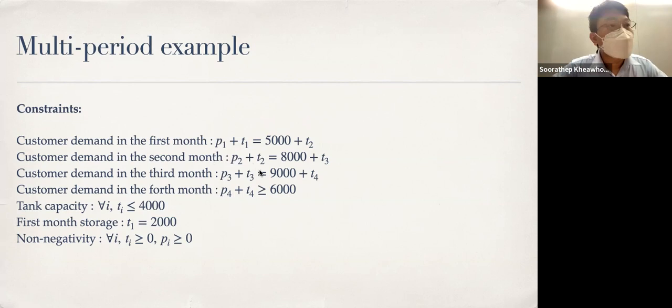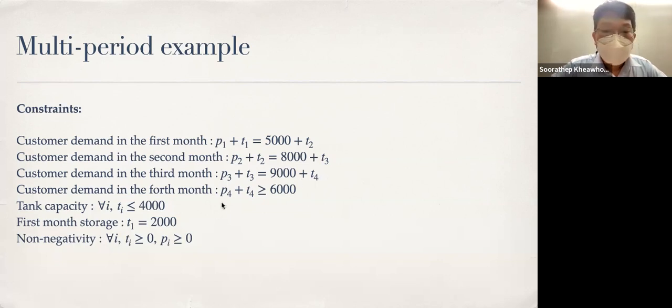And for the second month, P2, the amount of oil purchased at the beginning of the second month, plus the amount of oil in the tank at the beginning of the second month, we are going to sell 8,000 liters to our customer, because the demand is 8,000, and the remaining stays in the tank, T3. So the balance at the third month also: P3 plus T3 is 9,000 plus T4.